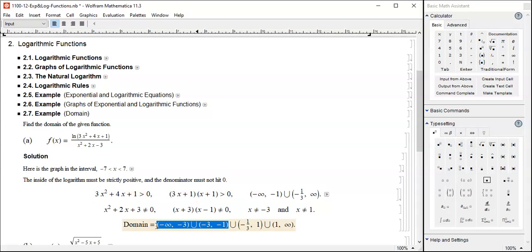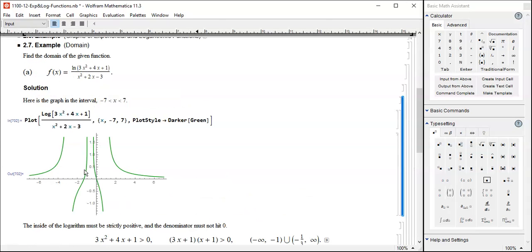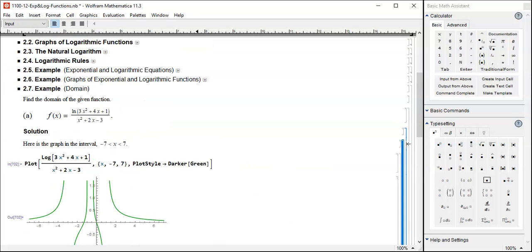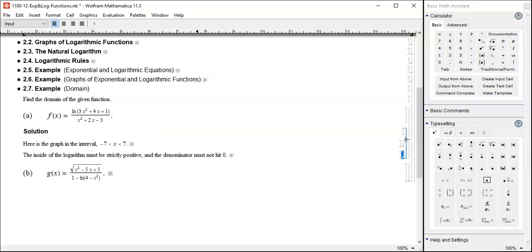So we have these two intervals here, those two intervals there, and between -1 and -3, excuse me, we don't have anything there. So between those two, nothing. And then we have vertical asymptote here, there, and horizontal asymptote forming those. That's where I'm going to stop.